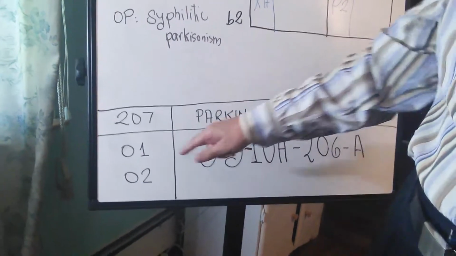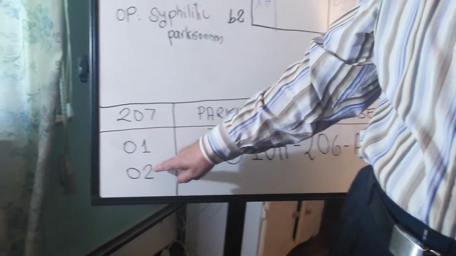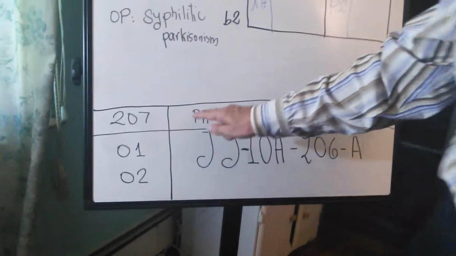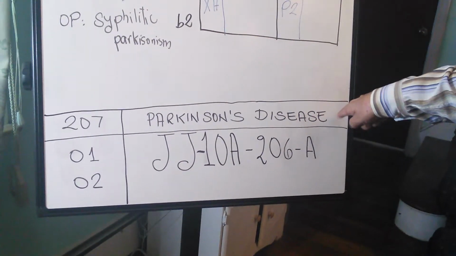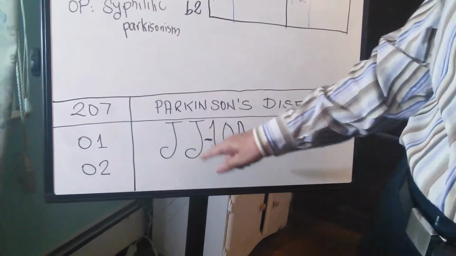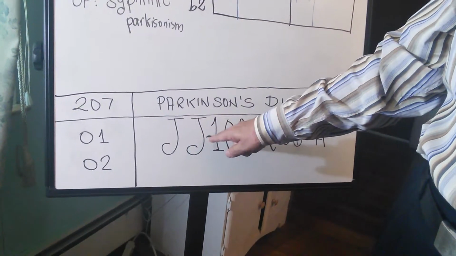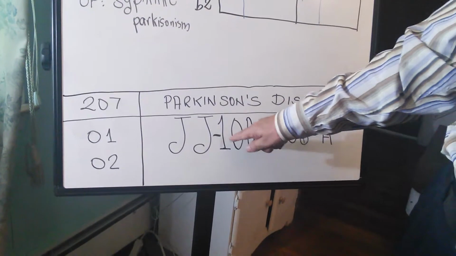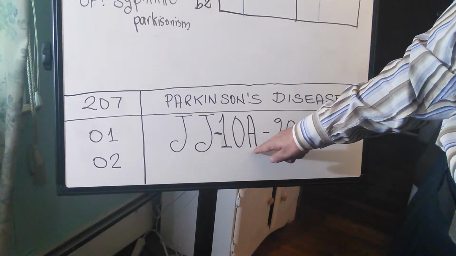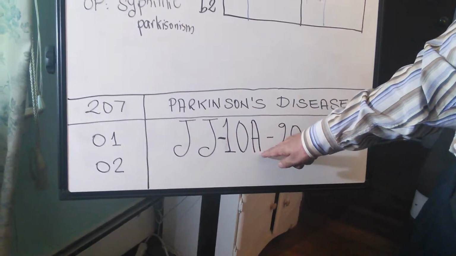Now, the exercises that we have to give you some theory for are the 1 and the 2. And these deal with, this is the title, Parkinson's disease, right? And the code for the video for the theory is JJ, which is the number of our company, 10A, which means ICD-10 book A, the first book that we're doing.